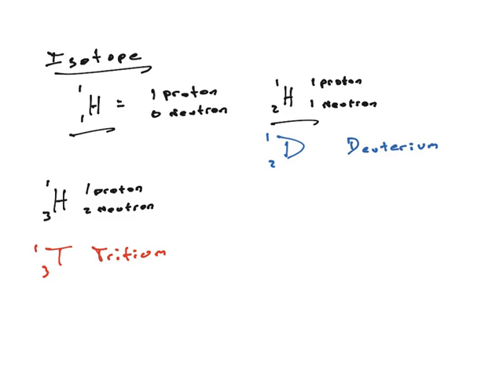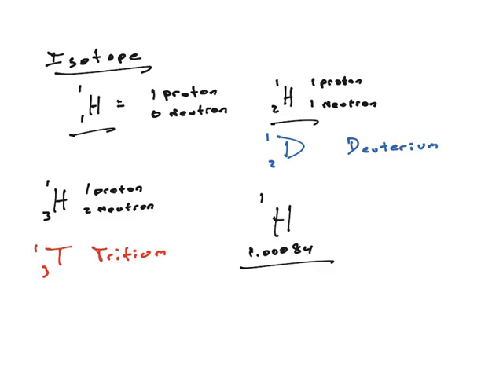Now, when you look at a periodic table, you'll usually see an average mass underneath. So you may see something like hydrogen 1, and then there's 1.00084 something underneath.